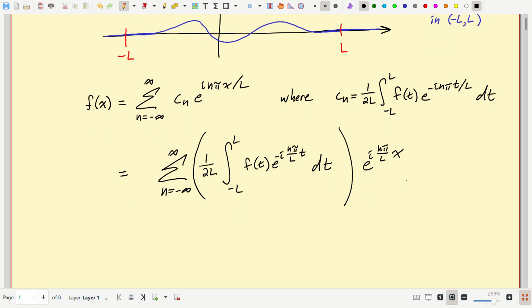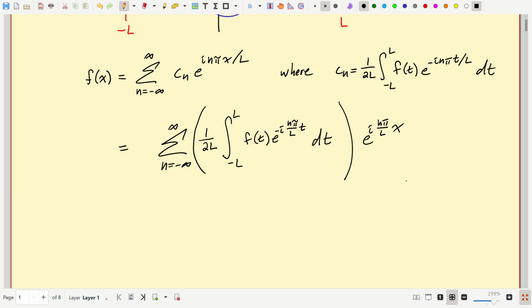And so I want to make this look like an integral. The n pi over L's are points on the w axis: 0, pi over L, minus pi over L, 2 pi over L, minus 2 pi over L. Those are like the delta w's.